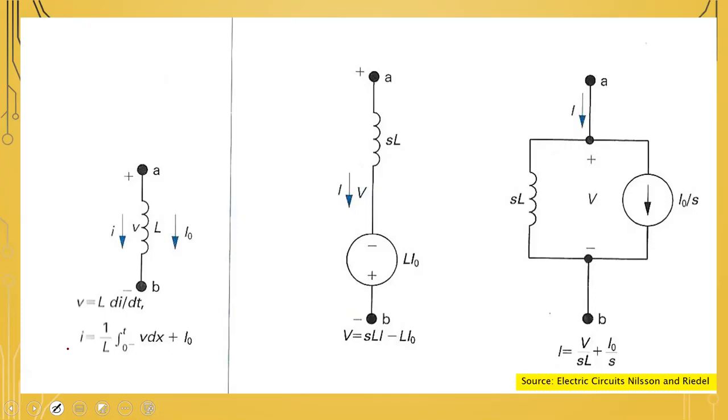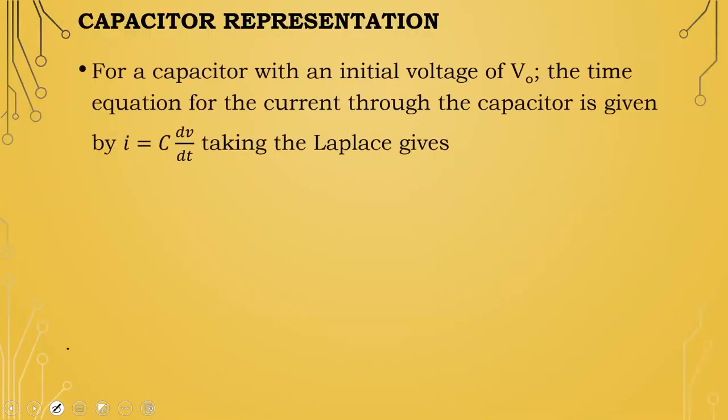All right, so we have looked at the resistor, we have looked at the inductor. We want to look at how we represent the capacitor. Again, we're using that when we're looking at transients.